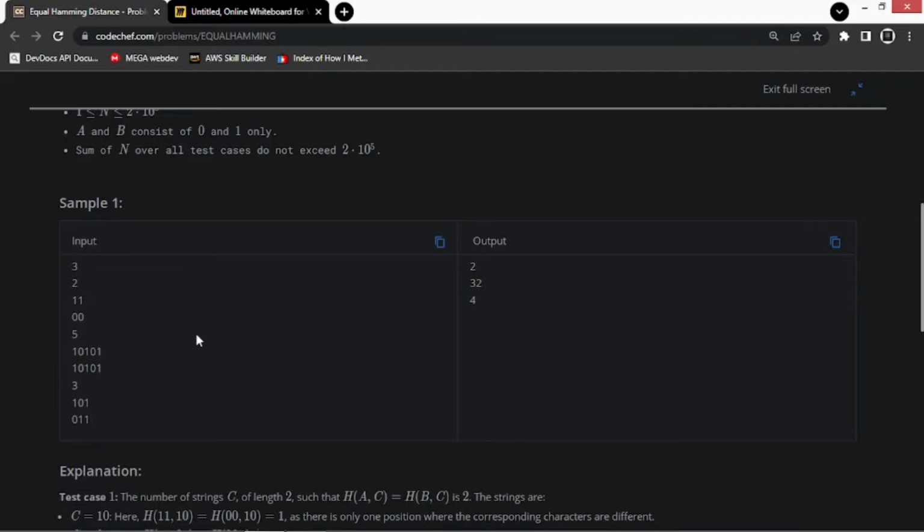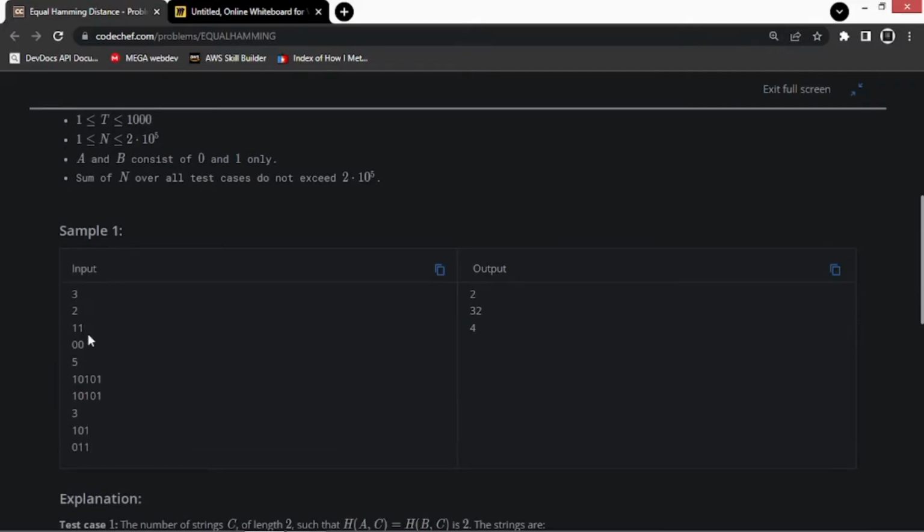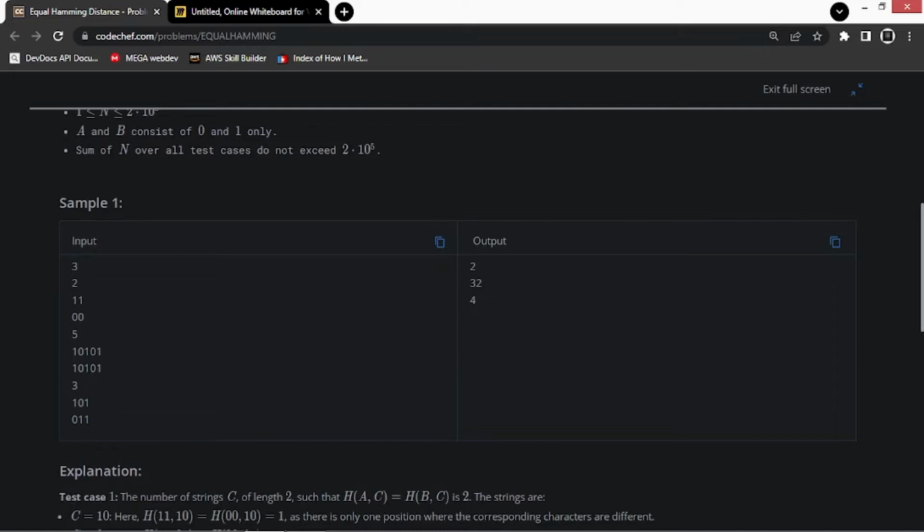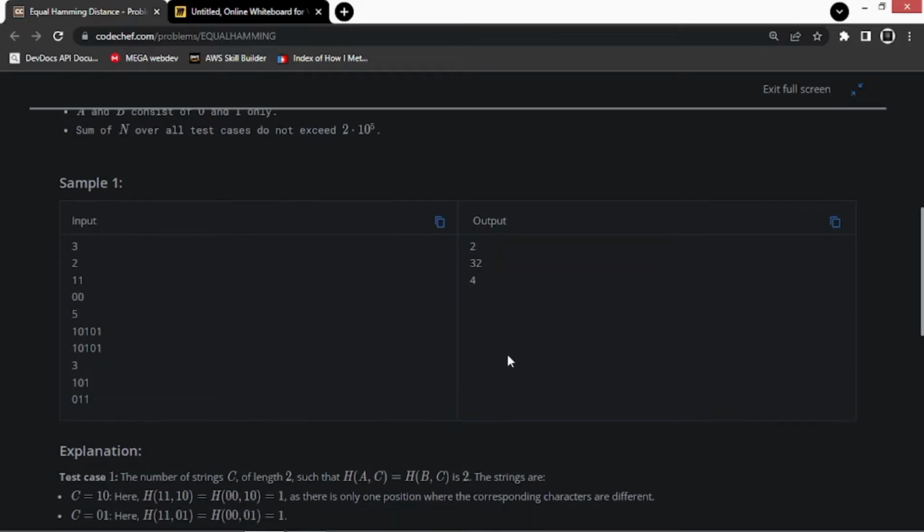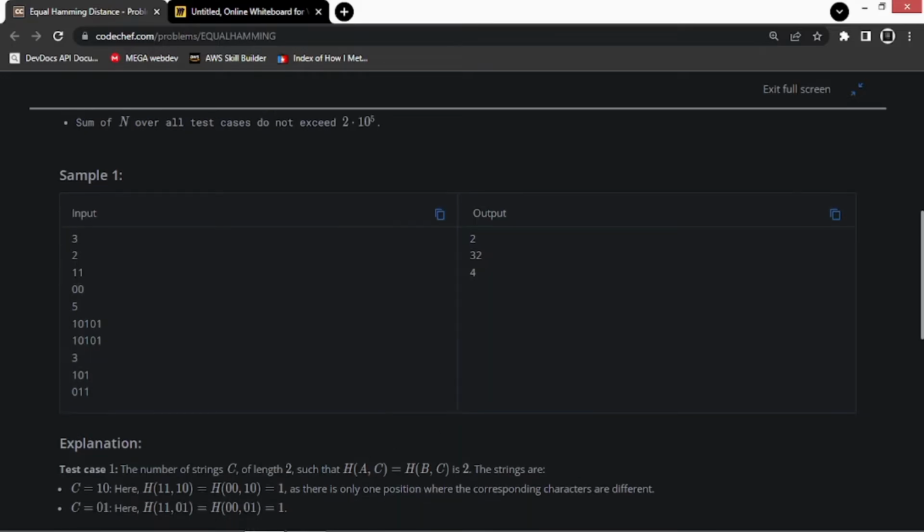For example, if we have the string 1 1 and the string 0 0, then the number of strings such that the Hamming distances HAC and HBC are equal is 2, and those two strings would be 0 1 and 1 0. Now let me show you how you can count the number of binary strings.